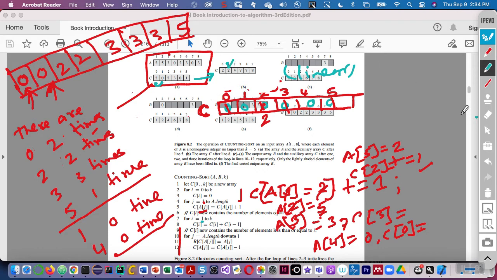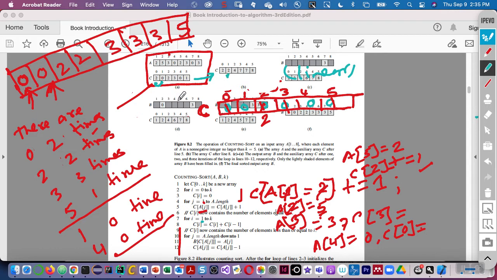Let me write it down. The first one is as is, because the loop starts with index 1. The second one is a0 plus a1, this is 0 plus 2 equals 2.